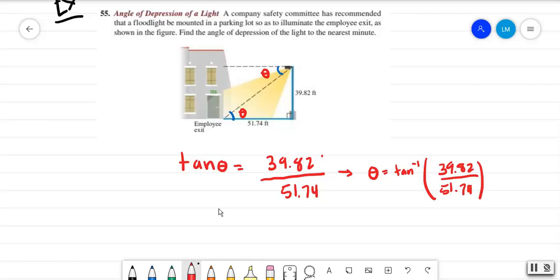Now from there, that's going to give us exactly what we want in terms of the theta. And they said to round to the nearest minute.